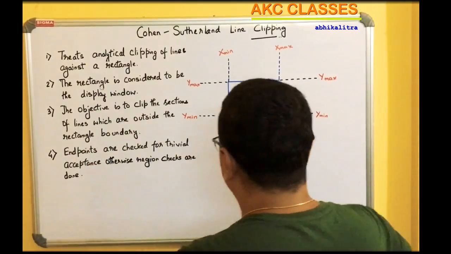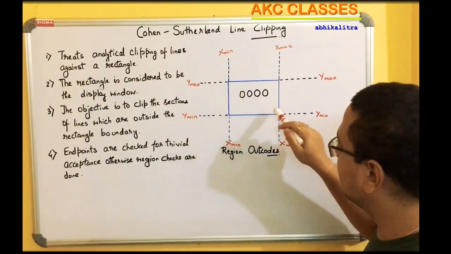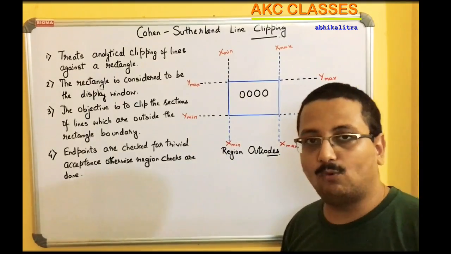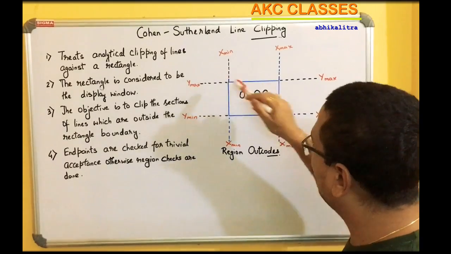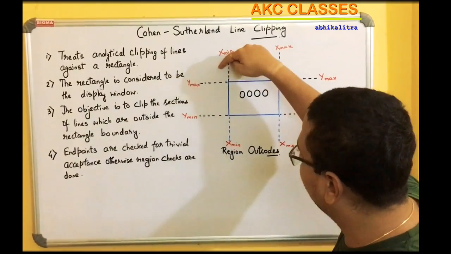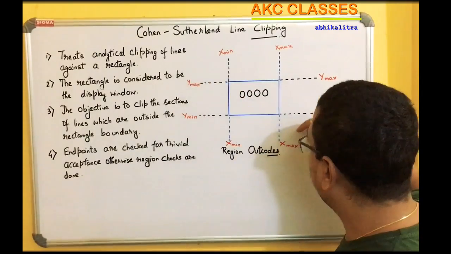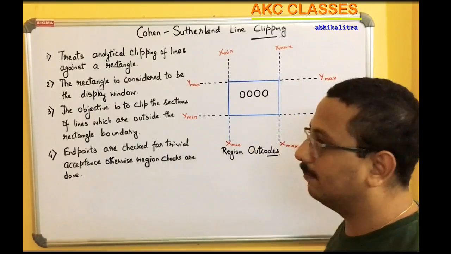So for that, first of all, we need to understand that if the line is not lying inside the rectangle, then we have to find the region codes of the line. That means if a line starts from here and ends over here, then this line has a part which exceeds the rectangle boundary, right?